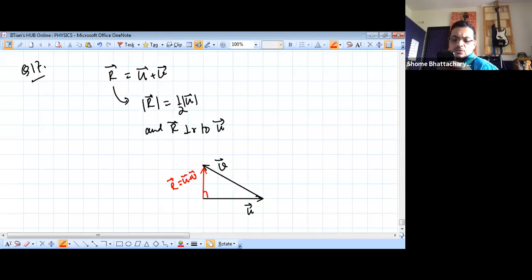Okay. So what we have to do now, we have to find the angle between u and v. So we have to find out this angle. The angle between u and v is this one. Find out how much this angle is. Okay. So if this is x, this is x by 2.